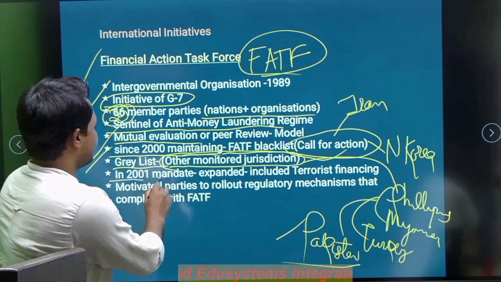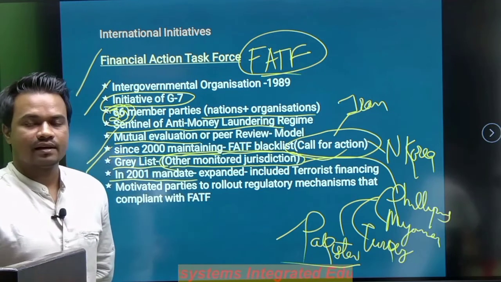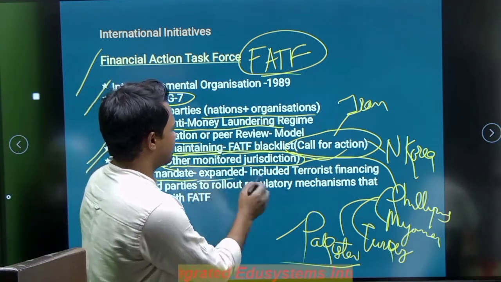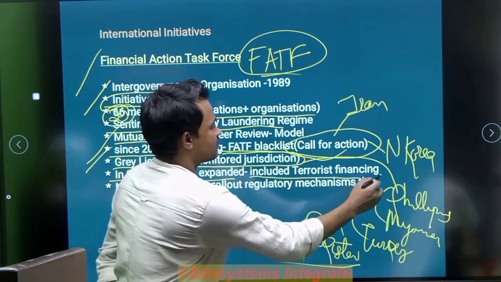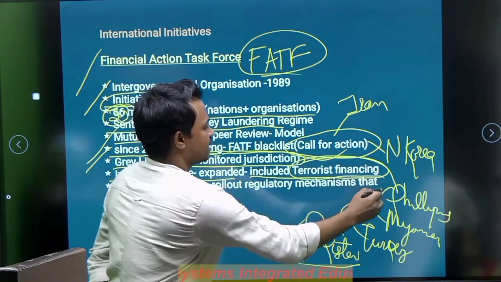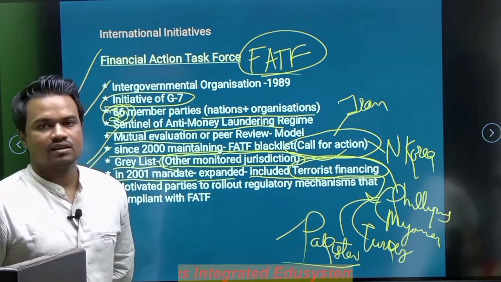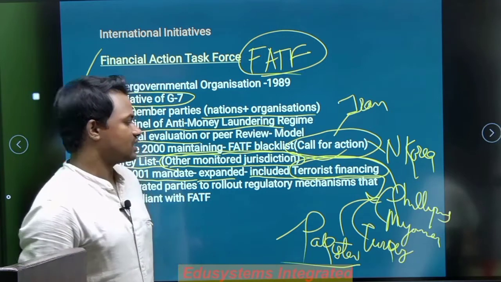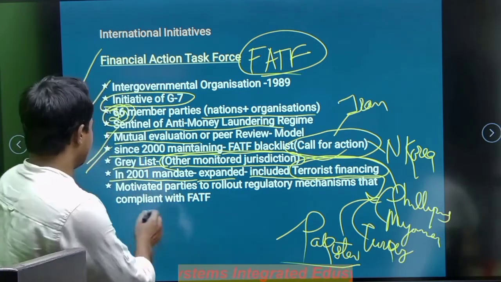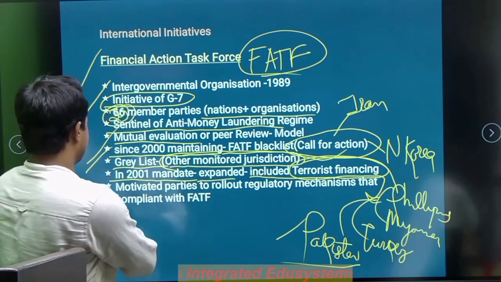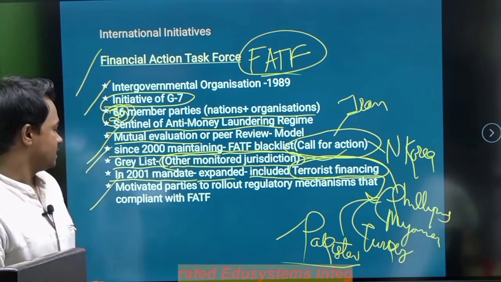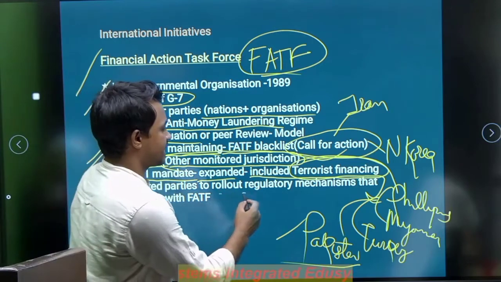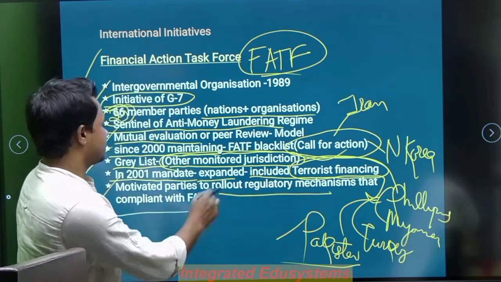In 2001, a new dimension was added to this FATF regime with a new mandate, that is to expand it to include terrorist financing as money laundering. Terrorist financing is a very serious concern for the world, and that's why it was included in this regime. And the next is that member parties are supposed to roll out regulatory mechanisms that are compliant with FATF.